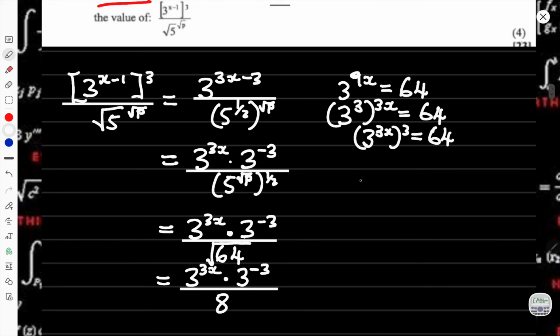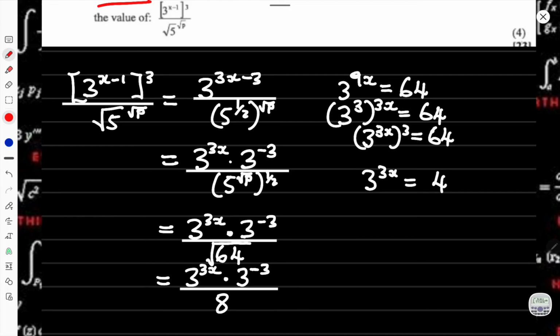And this will be the same as 3 to the power 3x equals 4. This is from the cube root. We cube root both sides. Let me show you. We cube root this and we cube root this. Once we cube root there, that's what we're going to get.